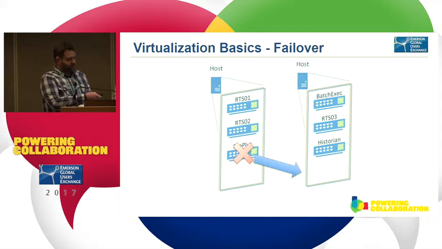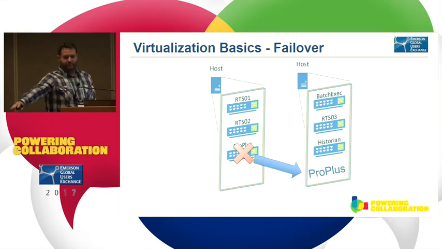It will restart on the other box. It's not necessarily going to move instantly, but there are high availability situations where you can have instant move over. But if it crashed to begin with, you're going to want to restart it. So in our case, typically we'd just start the box on the other machine. You don't lose any functionality. You can figure out what's wrong with the original VM and fix it.